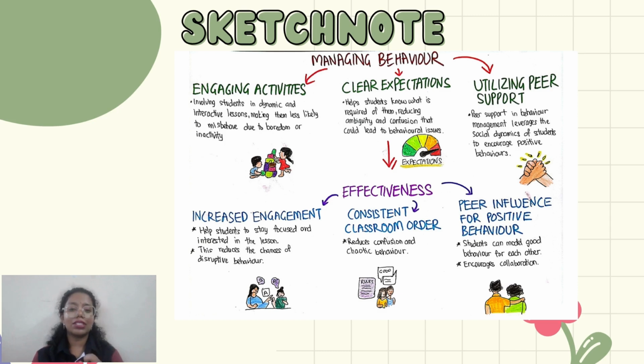By having a consistent classroom order, we can reduce the confusion and chaotic behavior of the students. Last but not least, peer influence for positive behavior. Peer support encourages students to model positive behavior for each other, promoting teamwork and mutual responsibility.